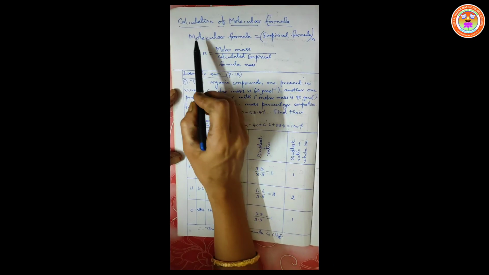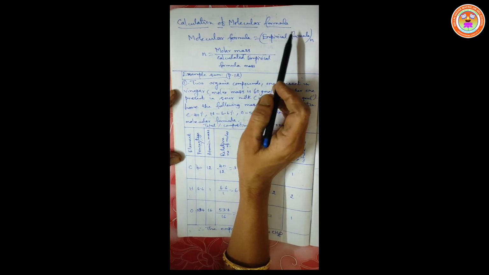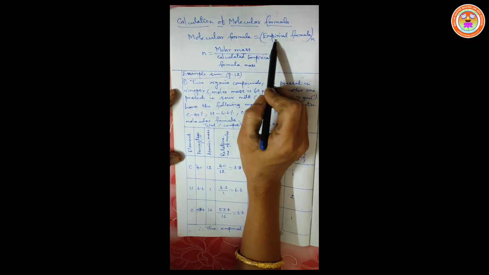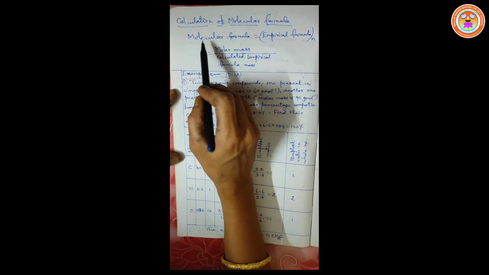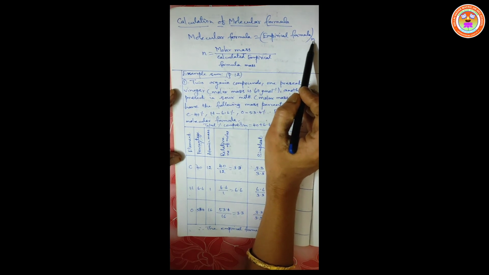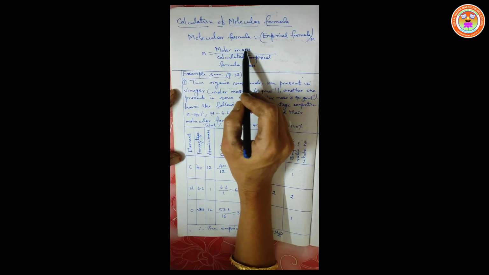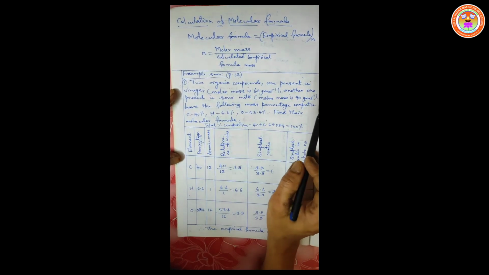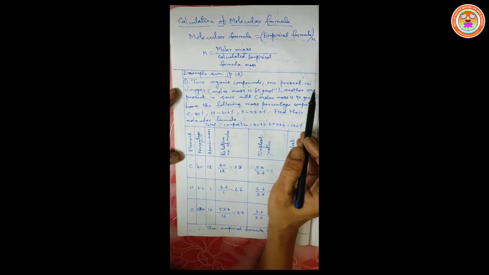Next we are going to see calculation of molecular formula. The formula for the calculation of molecular formula is empirical formula into N. That is, molecular formula is equal to empirical formula into N, whereas N is equal to molar mass divided by calculated empirical formula mass. Now we can see one example sum.